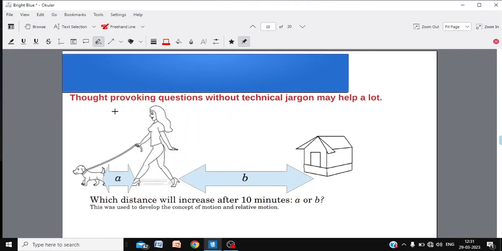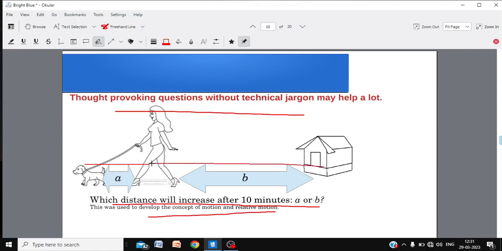A thought-provoking question without technical jargon. Now, which distance will increase after 10 minutes? This was used to develop the concept of motion and relative motion. See, this distance is not going to increase. The distance between the dog and the girl will not increase, but this distance will increase. Why?